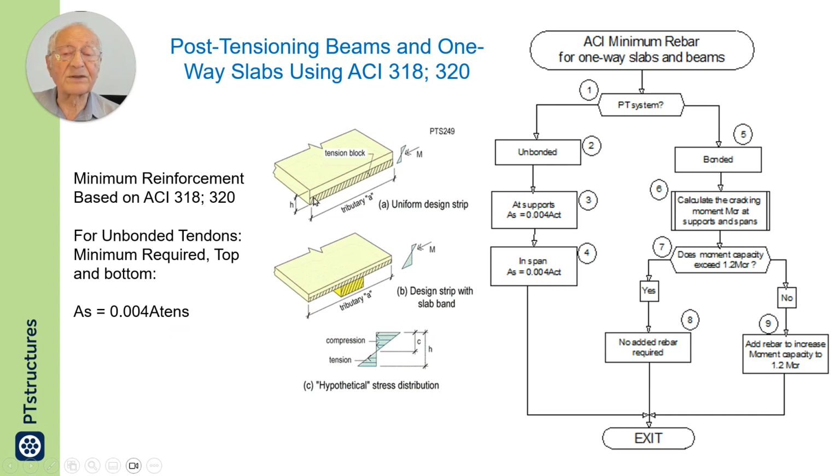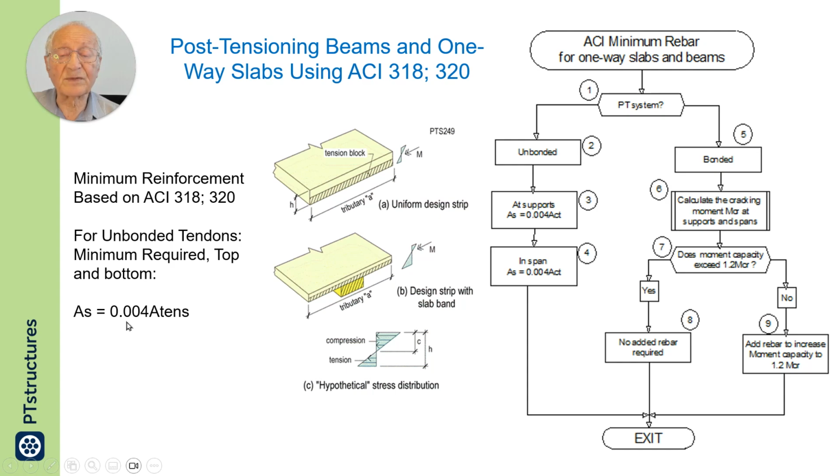By tensile area, I mean if this is the centroidal axis, this is the tension at midspan. If you have a beam and slab combination, as is our case, the hatched section is the area of tension.